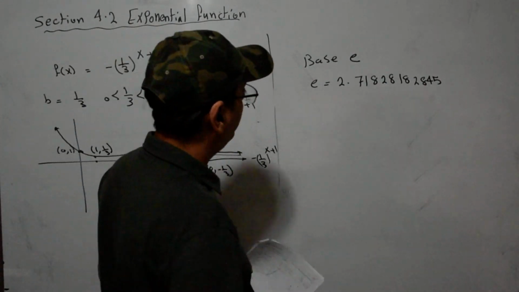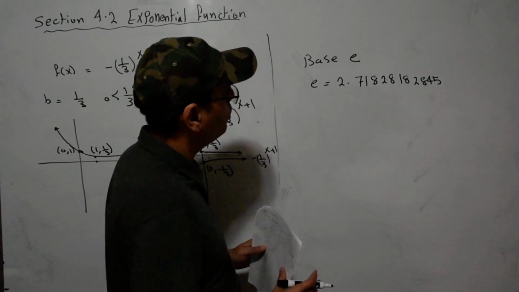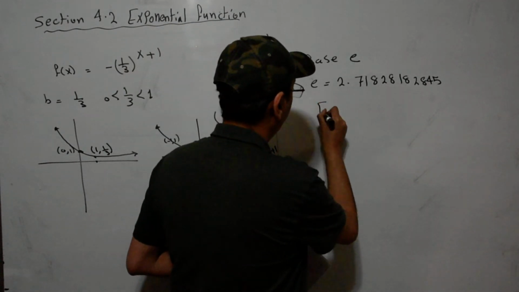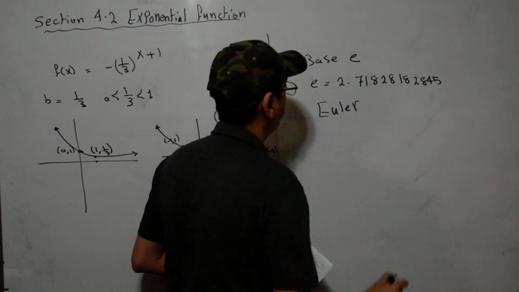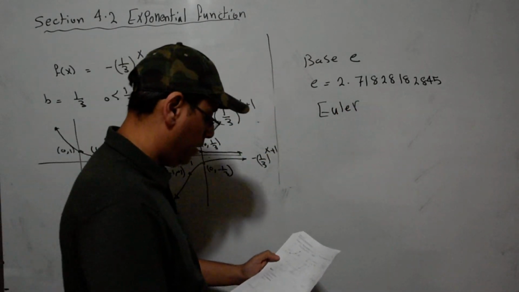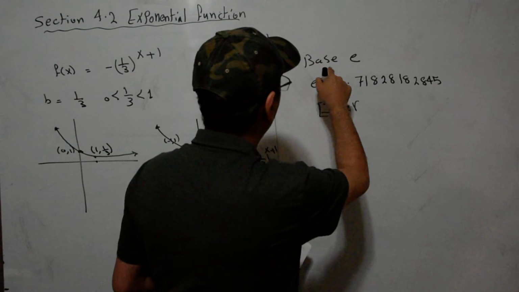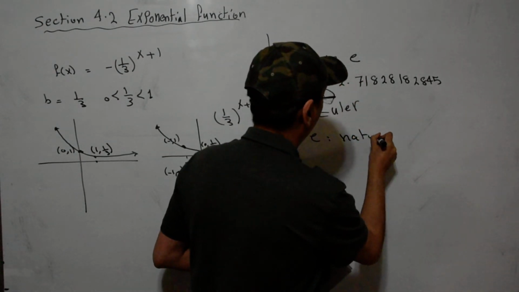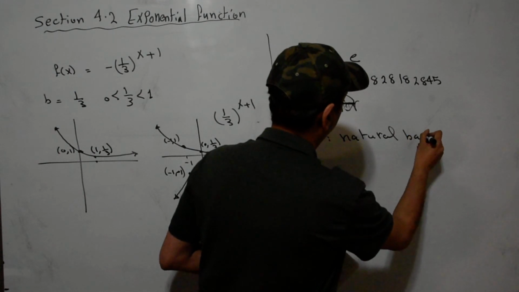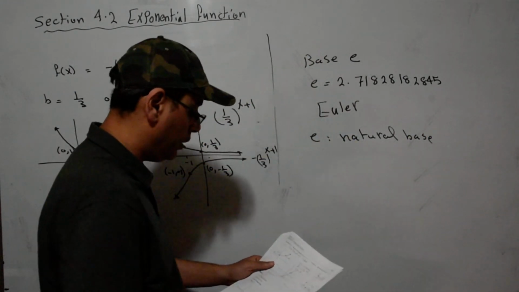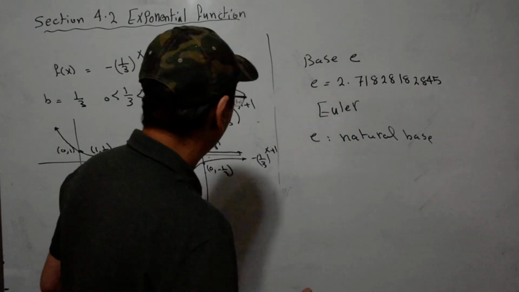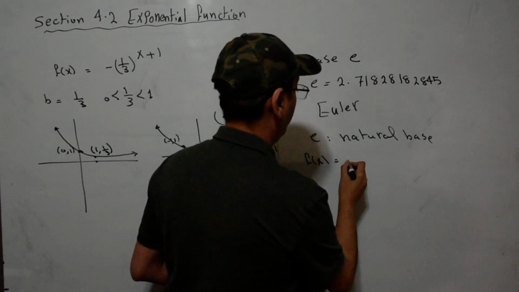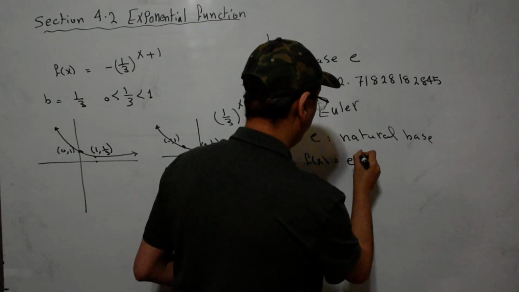Okay, the mathematician who discovered this number, his name is Euler. And we call e the natural base. Okay, and we graph the function f of x equals, instead of b, we call it e to the x.